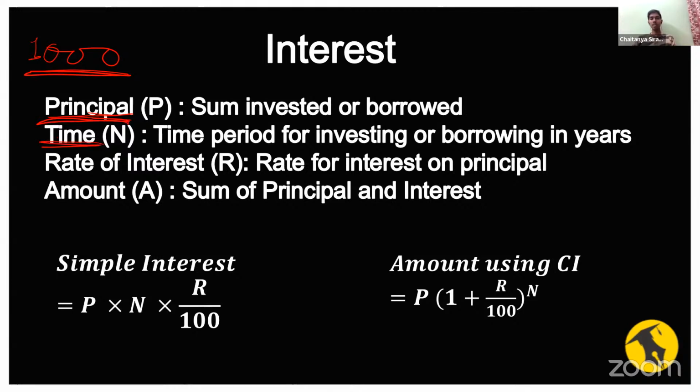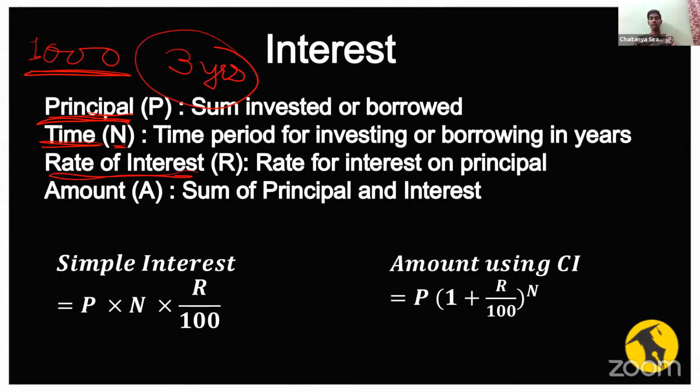Then time is basically for how many years you are keeping the money in the bank or whatever institute it is. So let's say I invest 1,000 rupees in State Bank of India for 3 years. In this case, my time period is usually denoted by N. We use N because it denotes the number of years. So it will be 3 years.